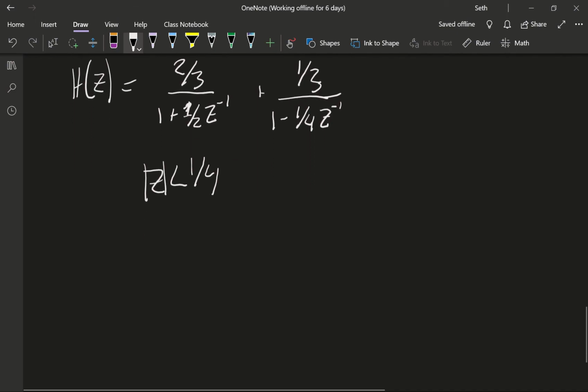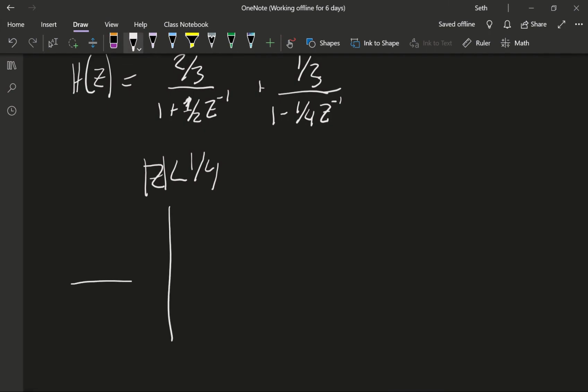So the region of convergence is going to look like this. And that's a pole, and we also have a pole at -1/2, sorry. So our region of convergence is inside.